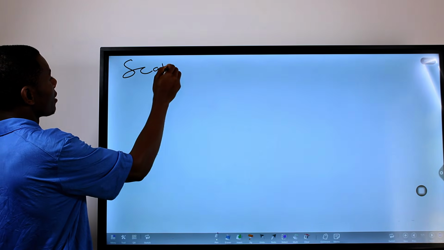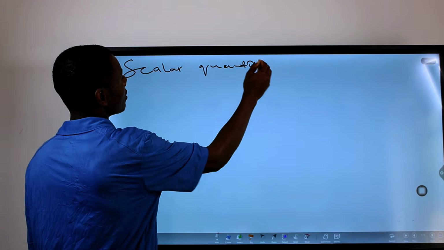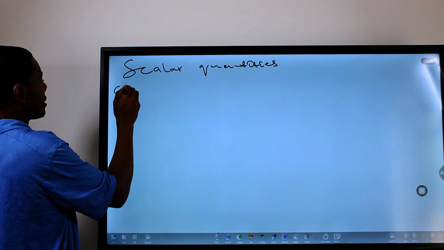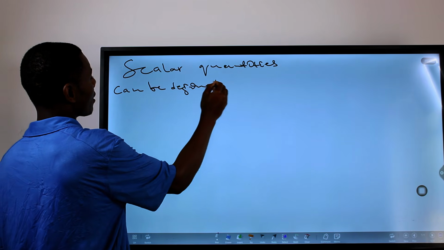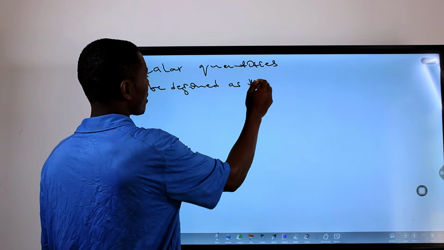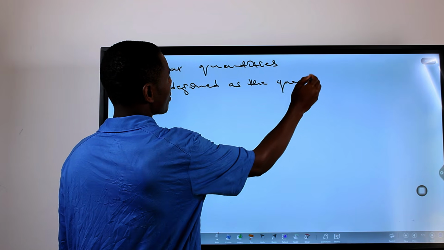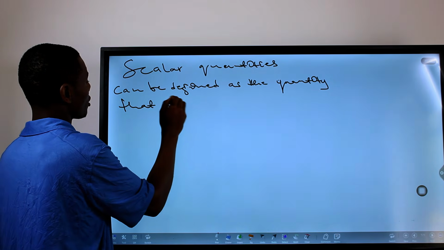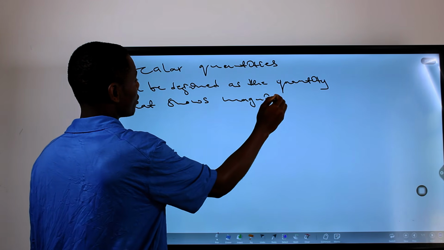Scalar quantities can be defined as the quantity that shows magnitude only.